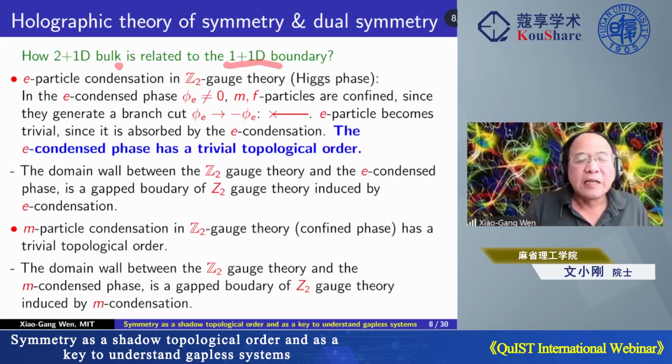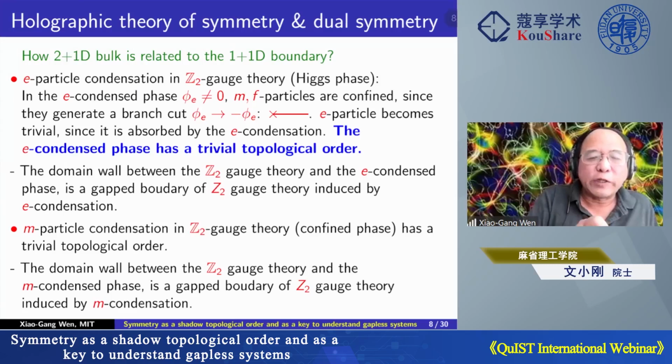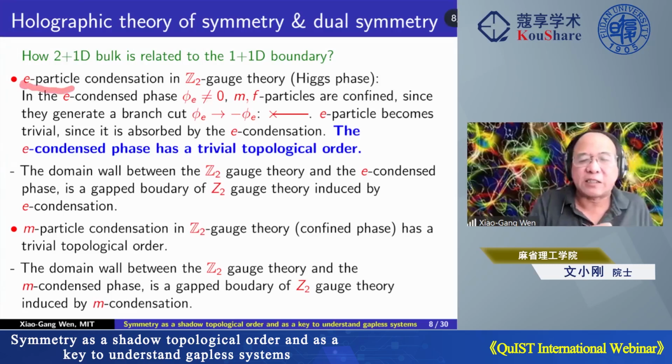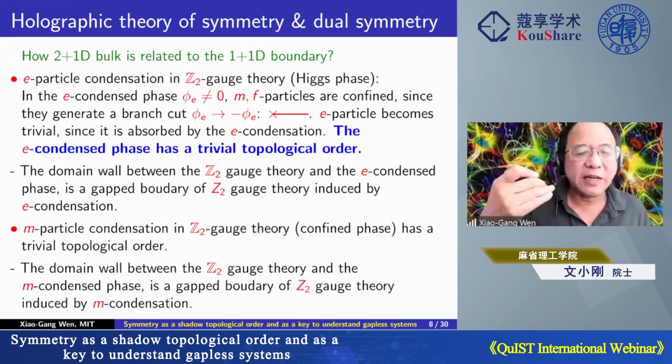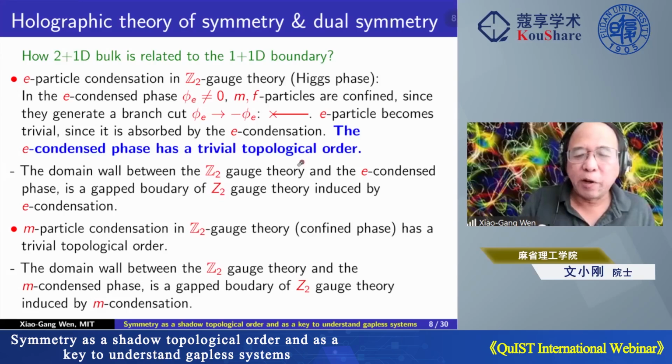Okay, and to see this connection between bulk and boundary more directly, we notice that in the 2+1 dimensional bulk, we have this E particle, the Z2 charge. This can condense. If they condense, that's basically the Higgs phase. And this Higgs phase would give us a trivial topological order.